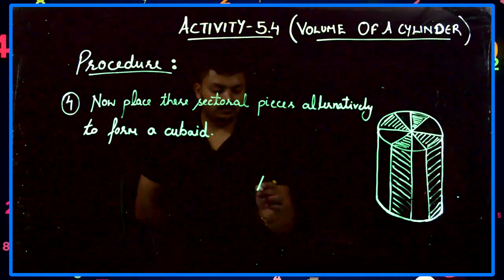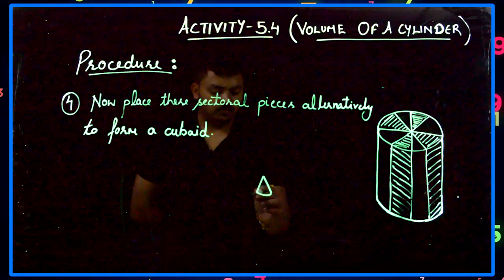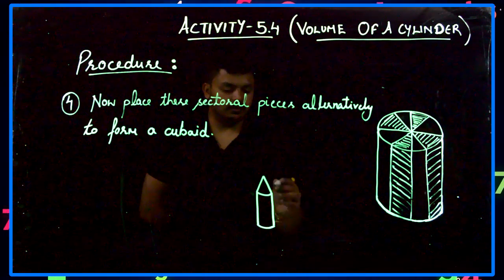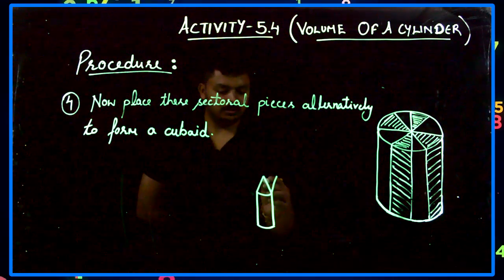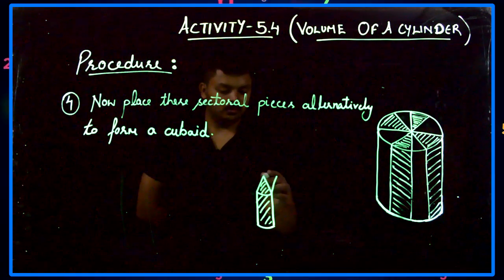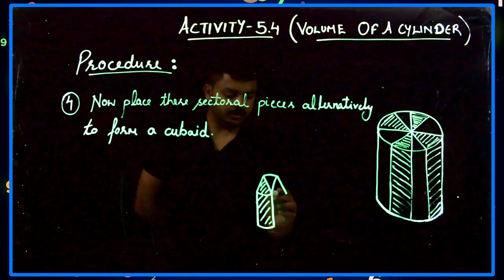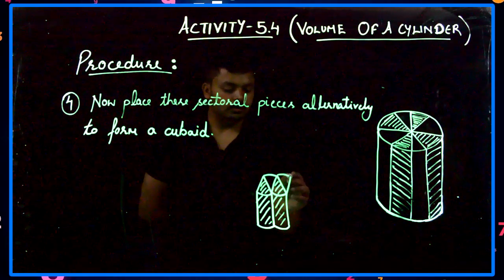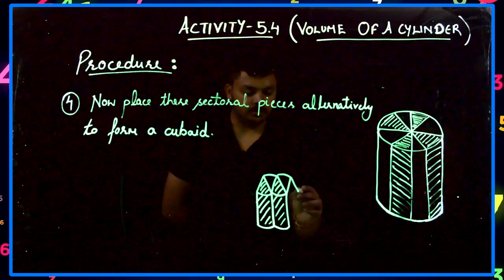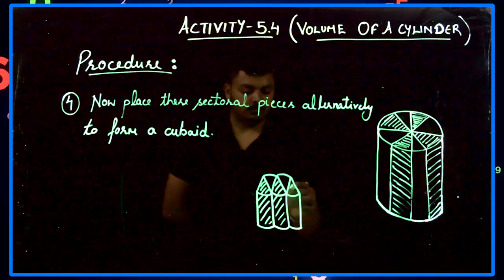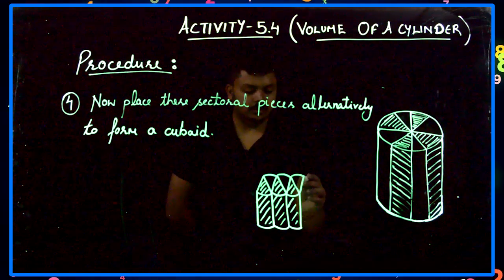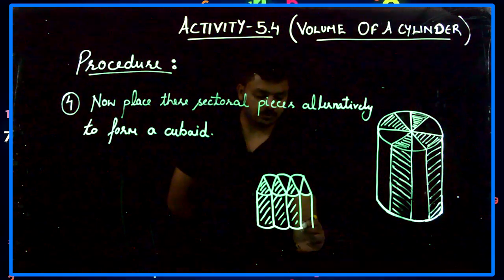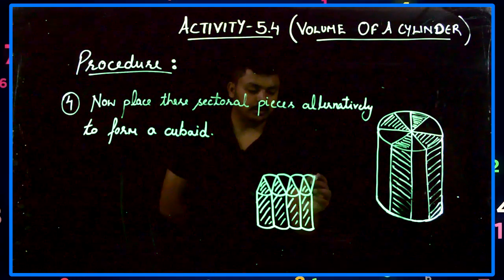So first placing the first sector, that is the shaded sector, then again shaded sector, then unshaded, now next shaded sector, unshaded sector, and at last the last shaded sector, that is the fourth unshaded sector.